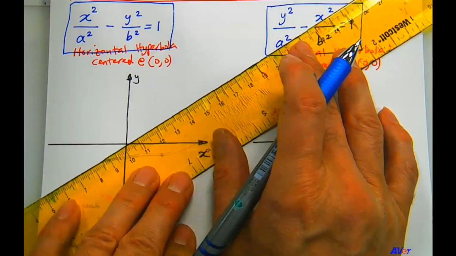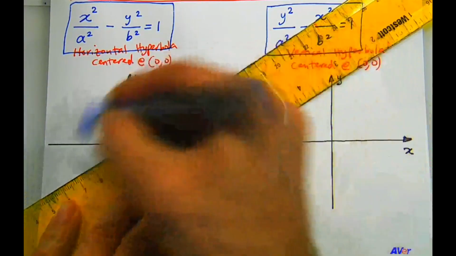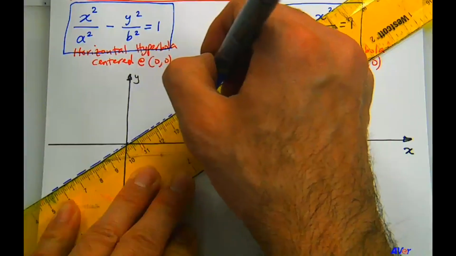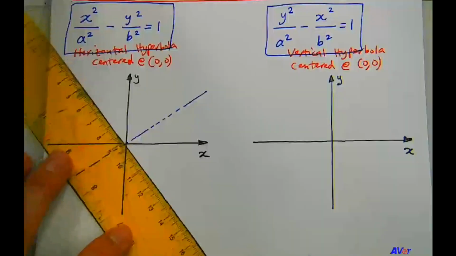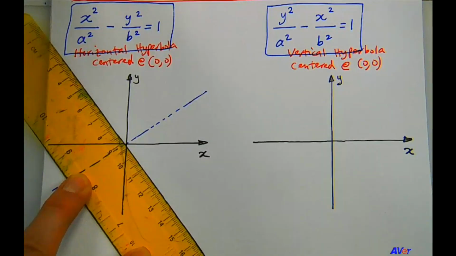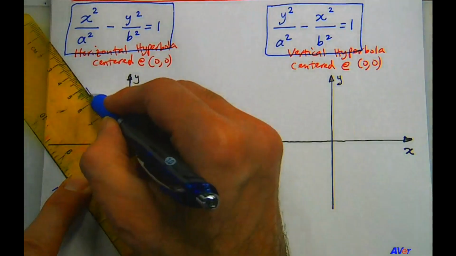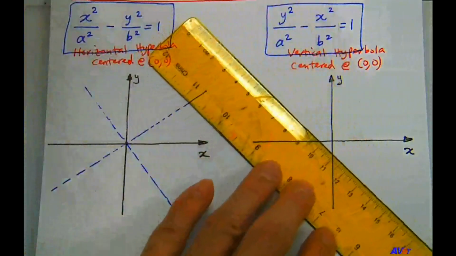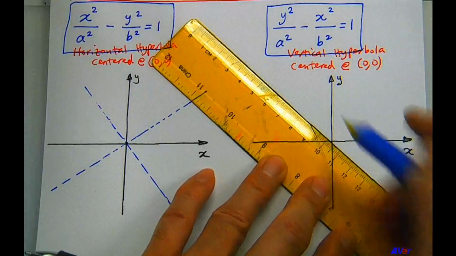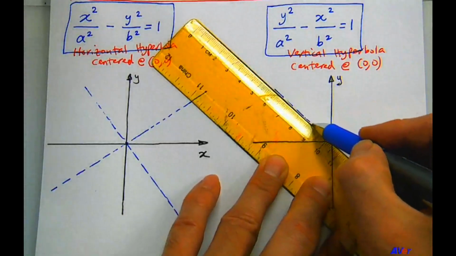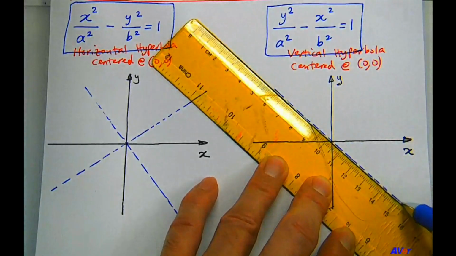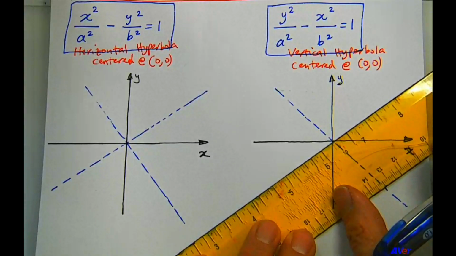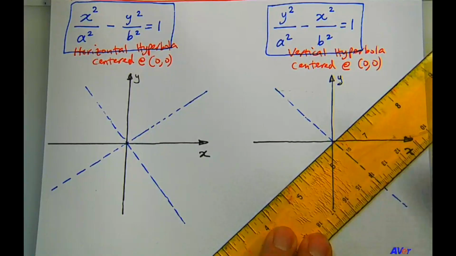Well, I will draw the asymptotes first. So the asymptotes going like that, and then another one like this, and I will do another set of asymptotes on this side, like that, and another set of asymptotes like this.